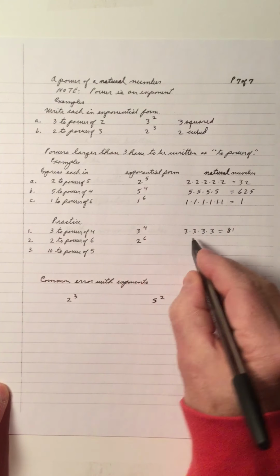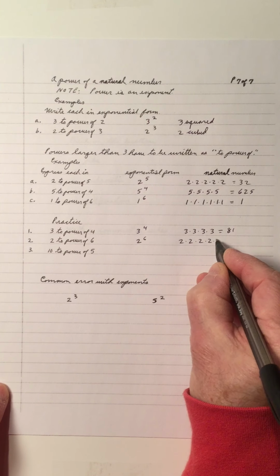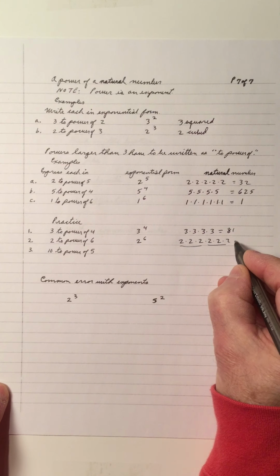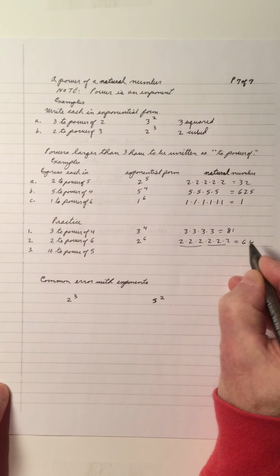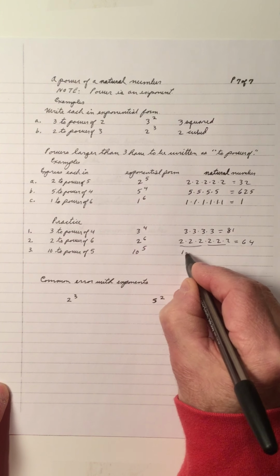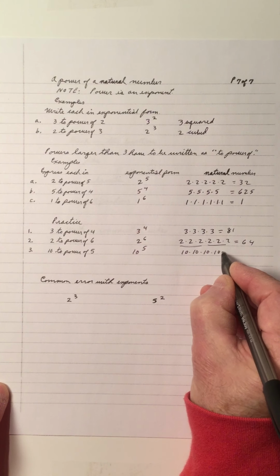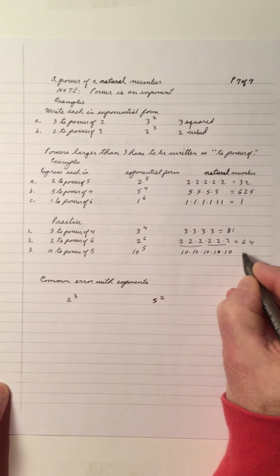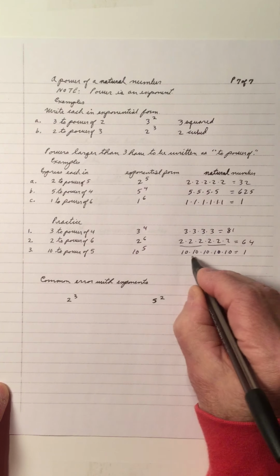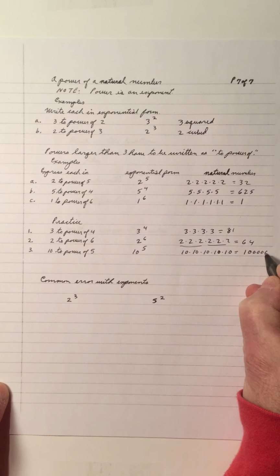2 to the power of 6 is six 2s. We got an 8 there, and an 8 there, and 8 8s are 64. Or use your calculator. 10 to the power of 5, and it's 10 5 times. But it's easy to multiply with 10s, because you say 1 times 1 times 1 times 1 is 1, and you got 5 zeros. 1, 2, 3, 4, 5.